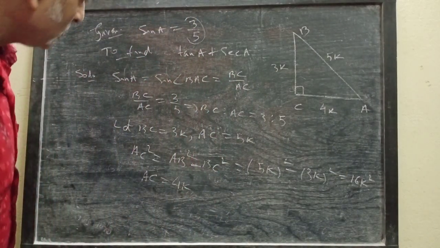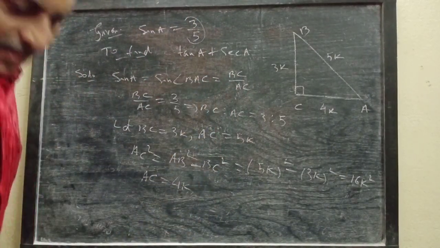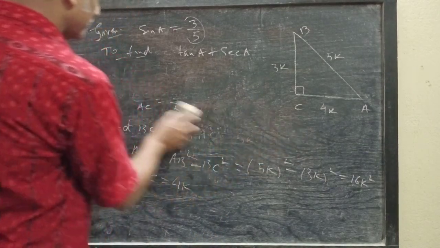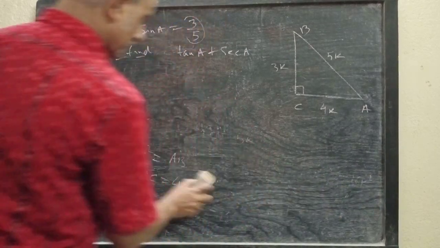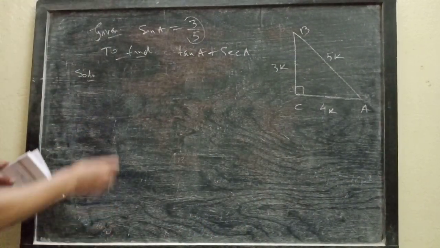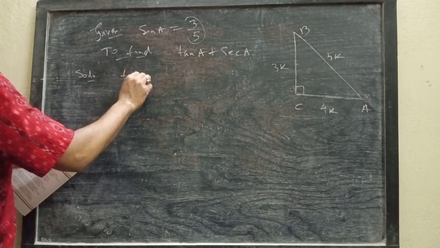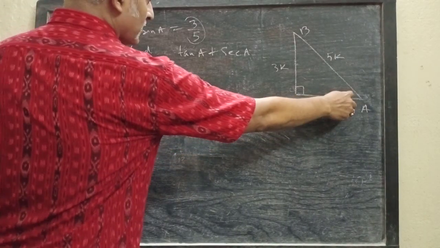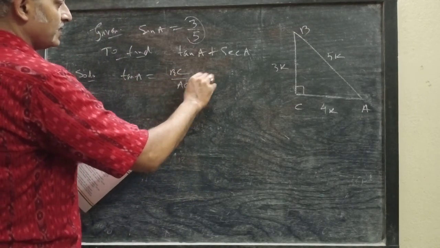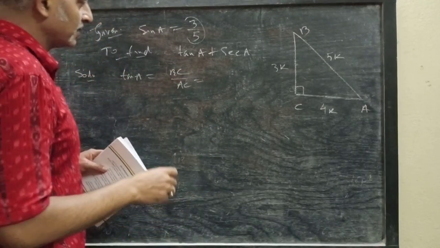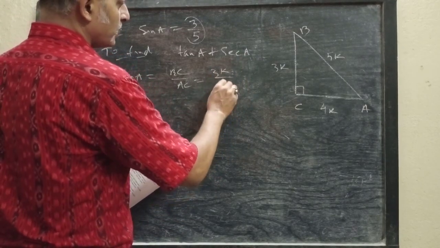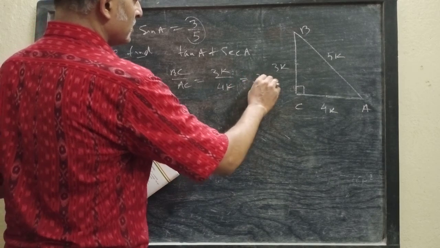Now we have to find just tan A and sec A, just two ratios. Tan A, tangent of this angle, will be BC by AC, perpendicular by base. So BC is 3K, AC is 4K, so you get 3 by 4.